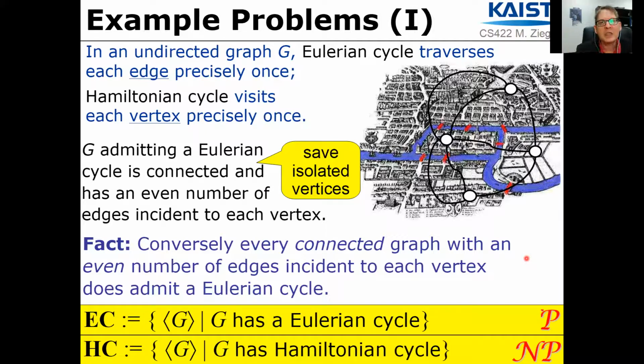We've established that each of these classes is contained in the next one, and we started classifying certain graph problems into these classes. We've shown that the three coloring problem of a graph encoded in the appropriate way belongs to this class NP. We've shown that the Eulerian cycle problem belongs to this class NP.